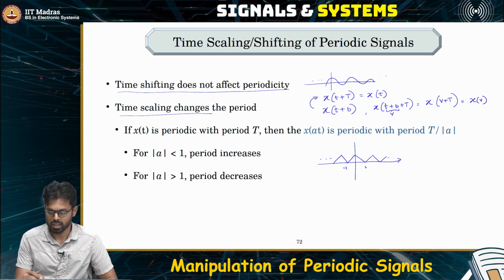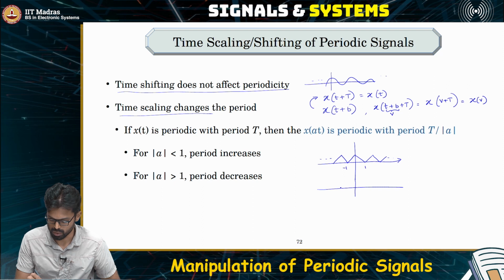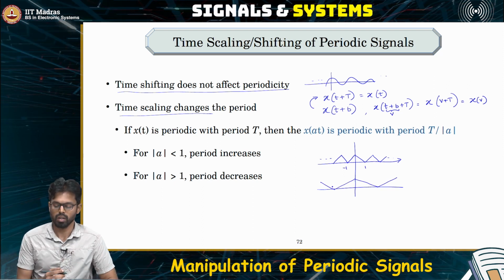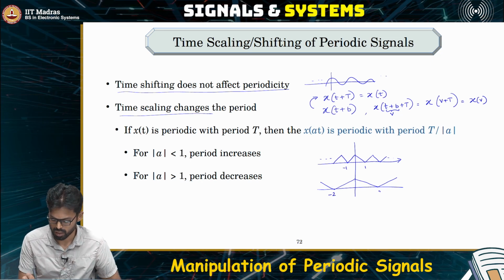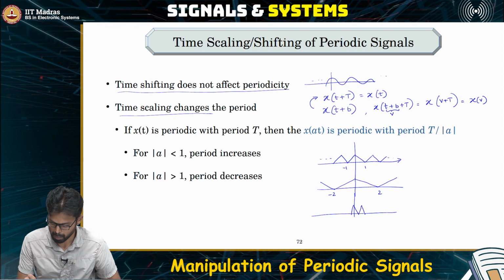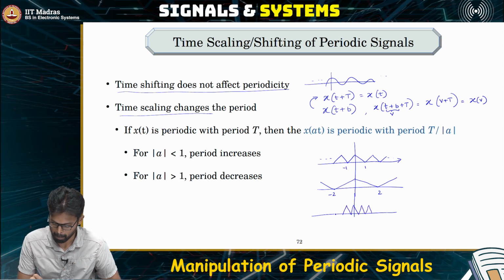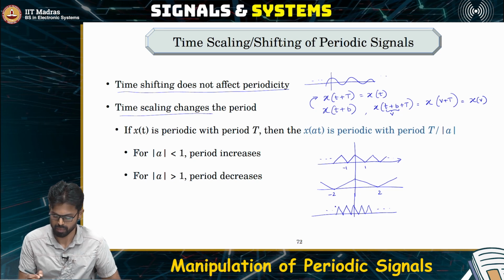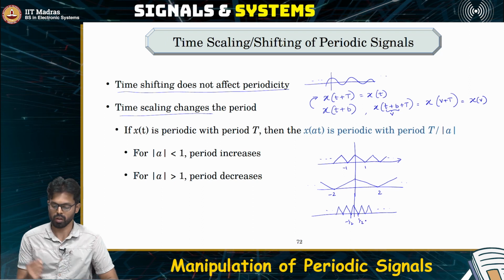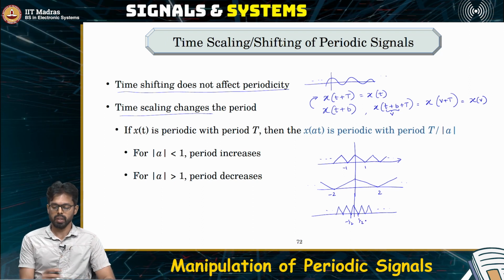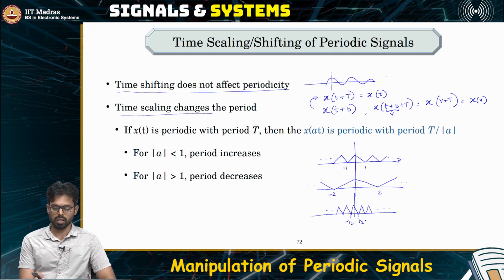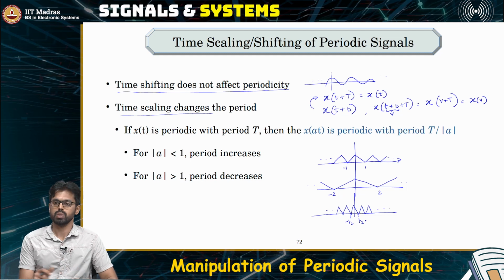Now if I stretch this signal, let's say I stretch it to this extent, clearly my period also increases, right? Or if I squish it, so as you can clearly see, the period becomes smaller when you squish the signal or compress the signal, and the period becomes larger when you stretch the signal.